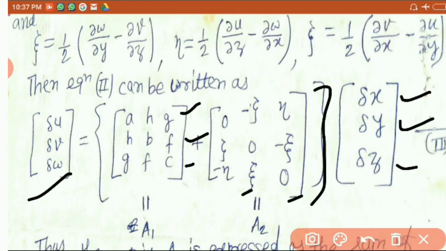Thus the matrix A is expressed as the sum of the symmetric matrix A1 and a skew symmetric matrix A2.